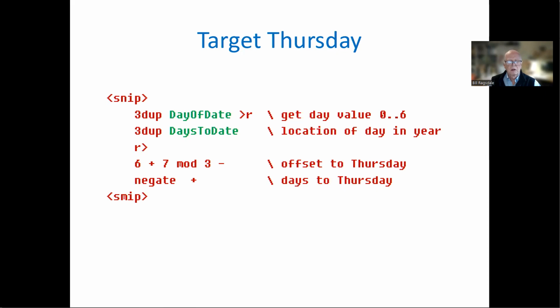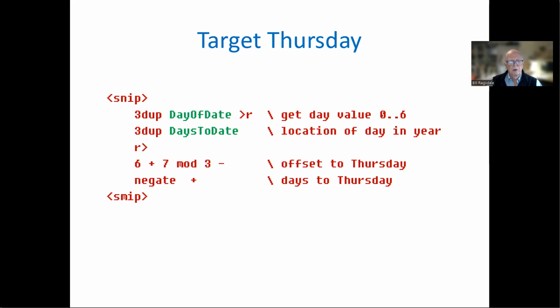This is a little code clipped out of that former definition, so we see the interior part of finding the target Thursday, and that is we do 3dup, which duplicates all 3: day, month, and year. We make the day check, we save that. We then do a days to date and then recall the day value.